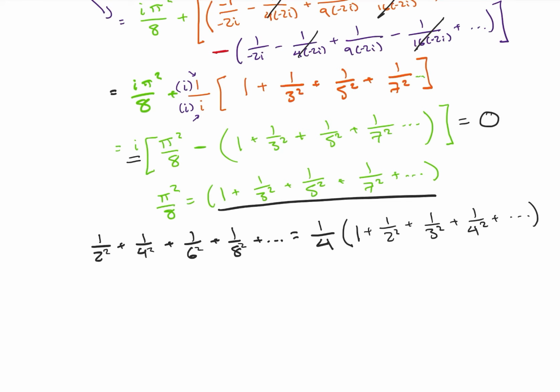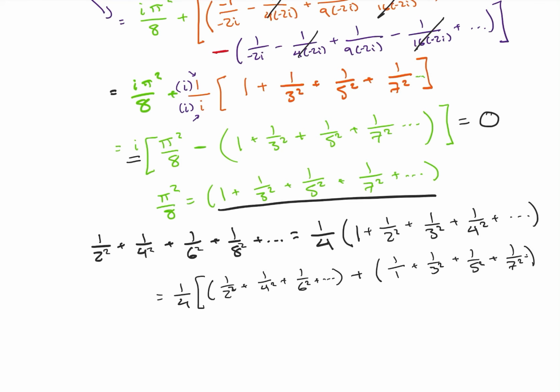But how does this help us? If we look at this, we can see that this is actually equal to 1/4 times this same thing I started with, 1 over 2 squared plus 1 over 4 squared plus 1 over 6 squared, and so on, plus 1 plus 1 over 3 squared plus 1 over 5 squared plus 1 over 7 squared, etc. Which is pretty cool.